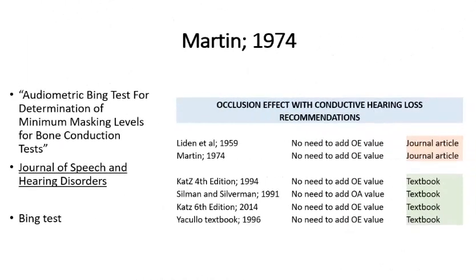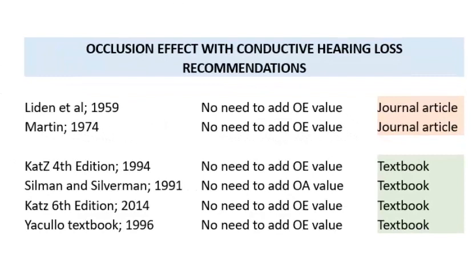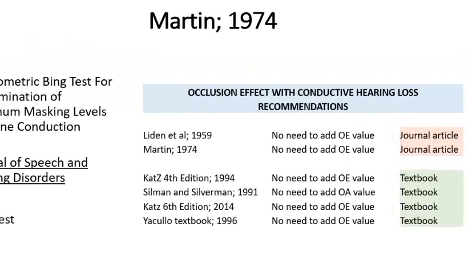Martin in 1974 recommended this based on a bit of testing in this area and also on the otological tuning fork Bing test. And although there hasn't been a ton of research on this in the context of audiometry, most writers on the topic of masking have recommended that if you're masking an ear with conductive hearing loss, there's no need to add the occlusion effect value.